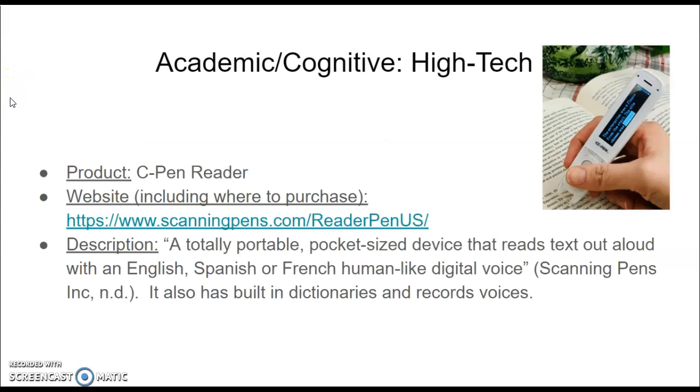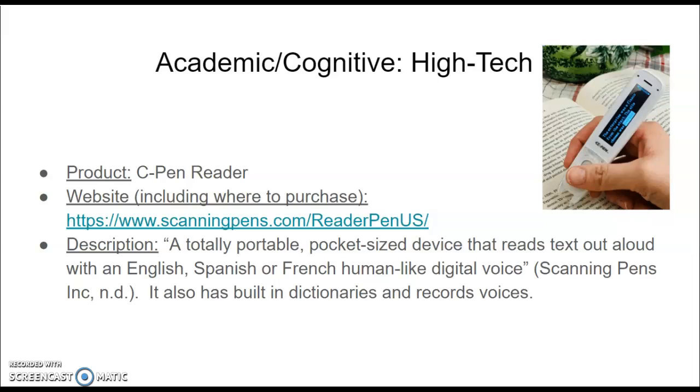For academic and cognitive high-tech, we have a C-Pen Reader, which I've included the website that provides information and where you can purchase it. It is a portable, pocket-sized device that reads text aloud in different languages after you scan it over the words.